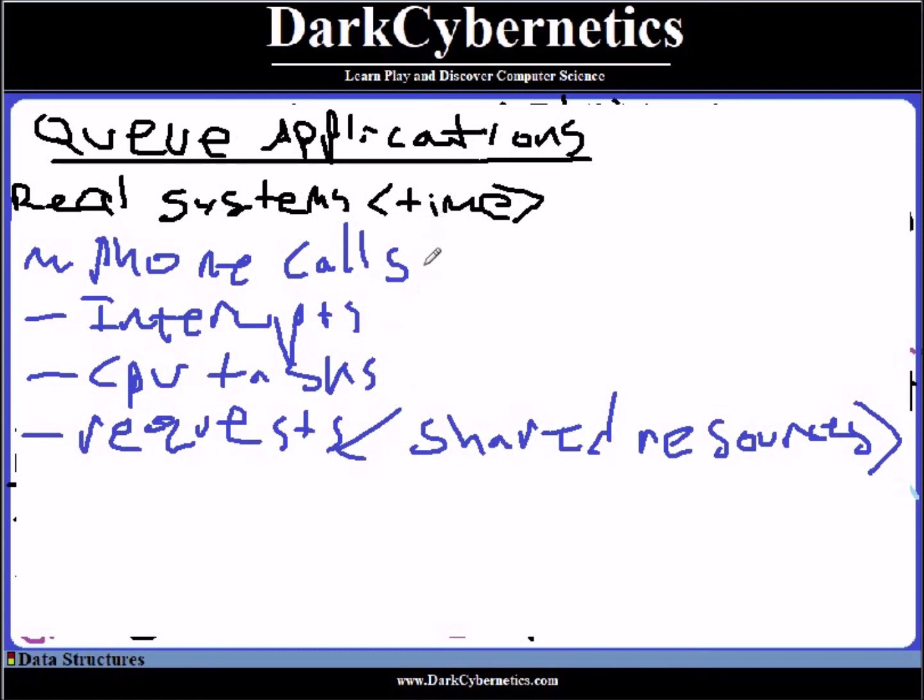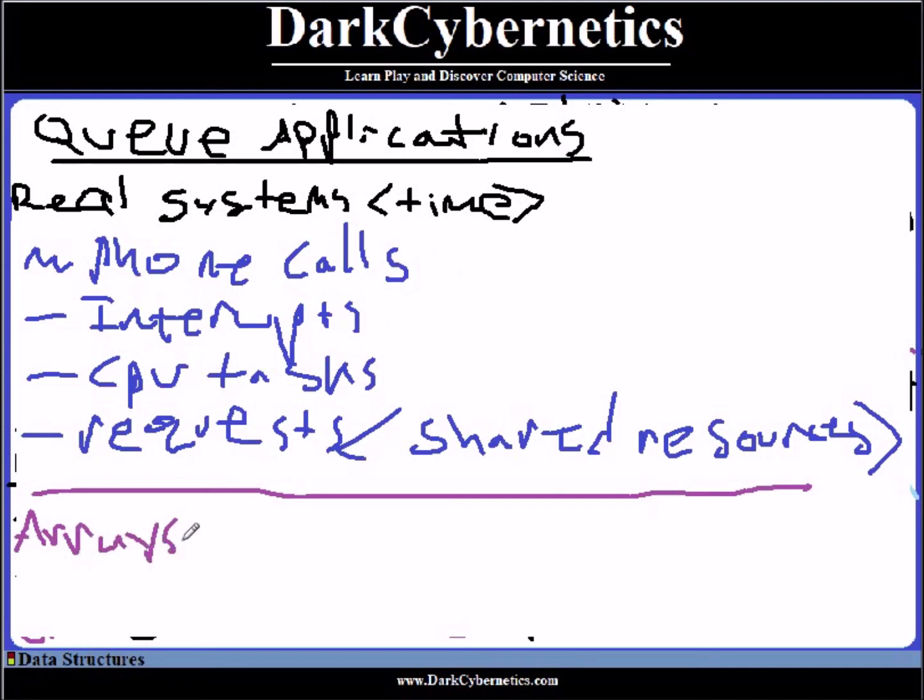And let's think about that. We have phone calls. Since there's a continuous stream of phone calls, with the queue we can take things on and off. We can enqueue and dequeue requests for calls. And let's write something down here.